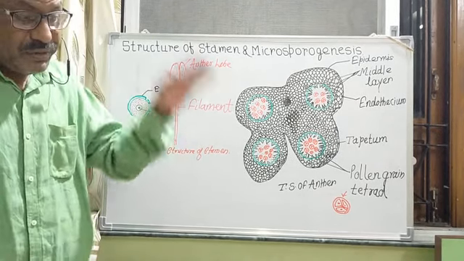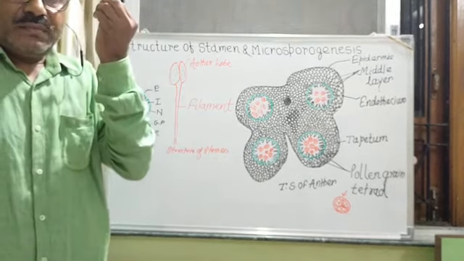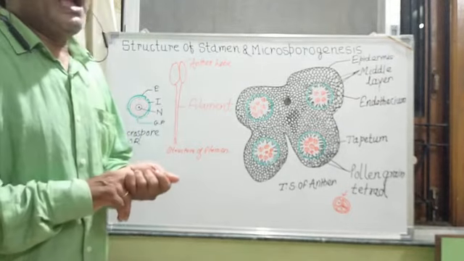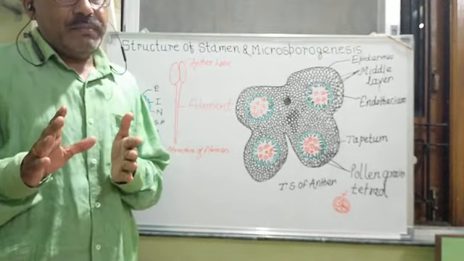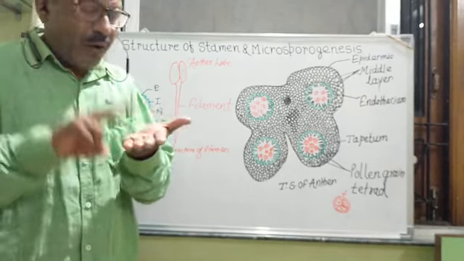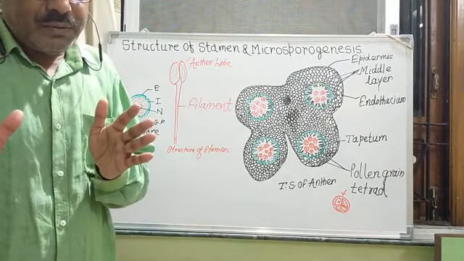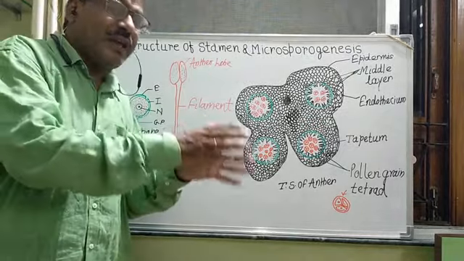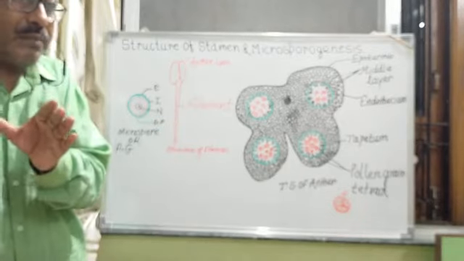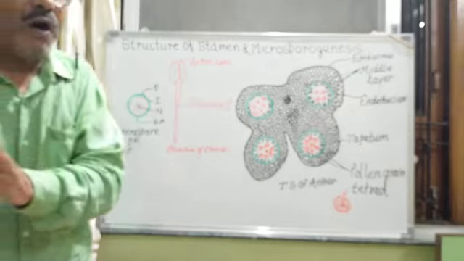If they are absent, the flower is still called a flower. Androecium and gynoecium are the essential organs; if they are not present, it is not called a flower. Therefore gynoecium and androecium are the essential organs, and calyx and corolla are the non-essential or accessory organs.